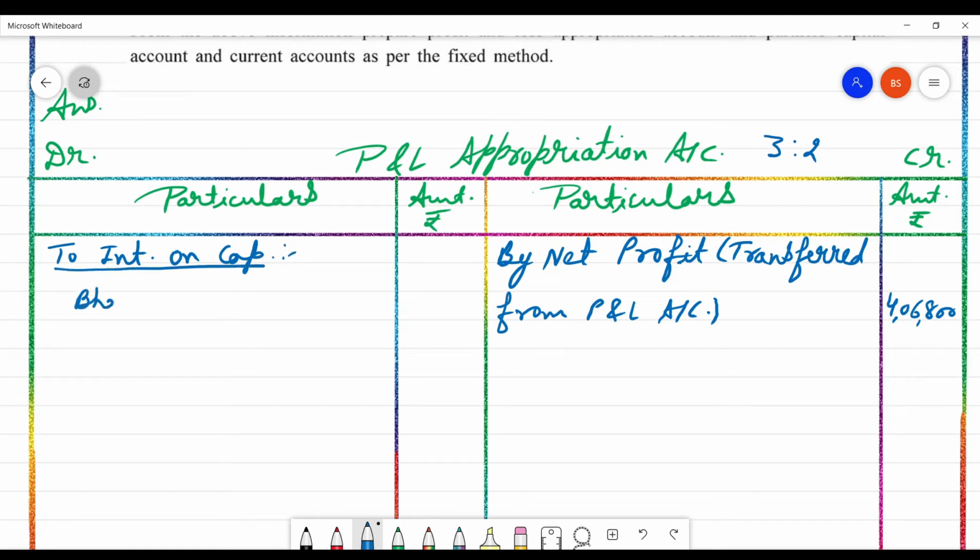Bhadresh 28,800, Hiral 21,600. Total will be 50,400.